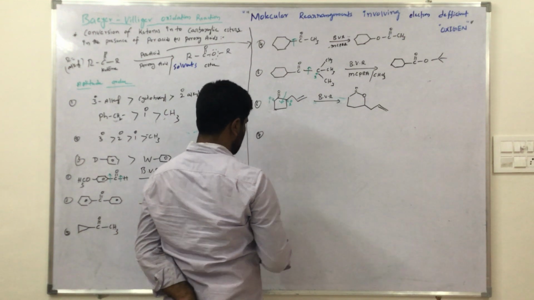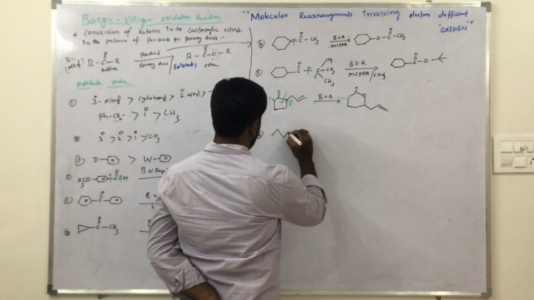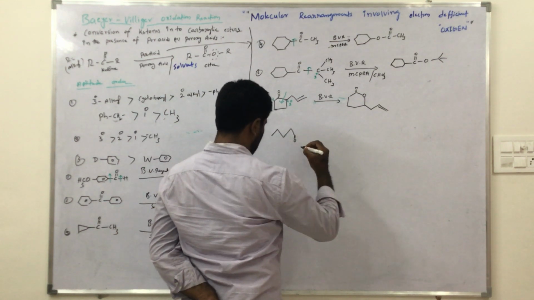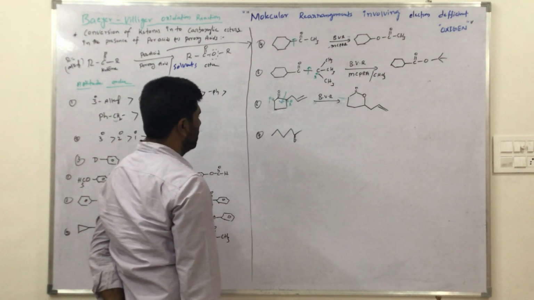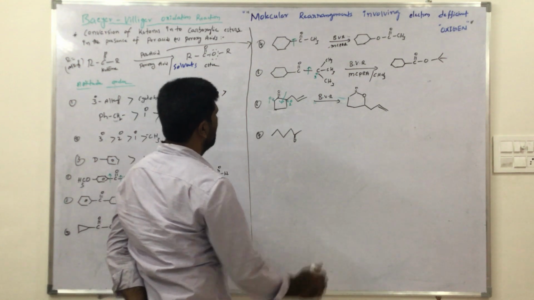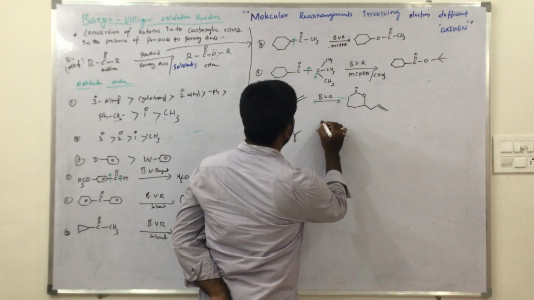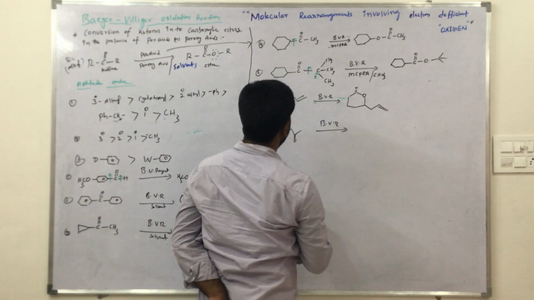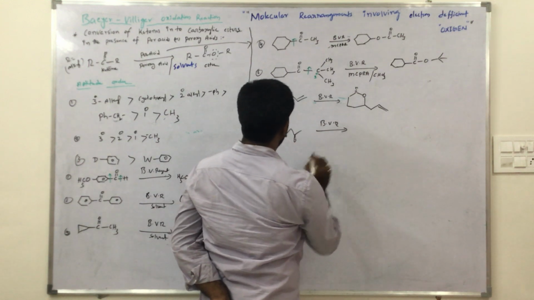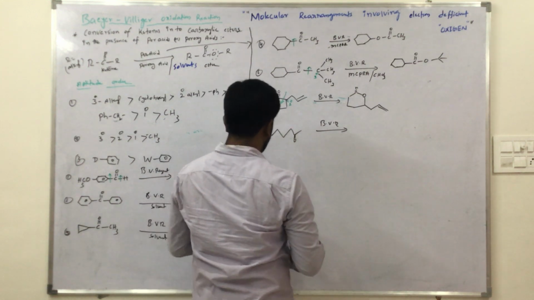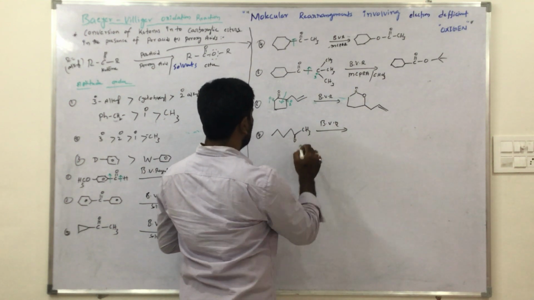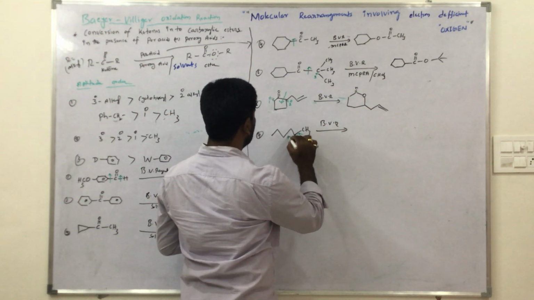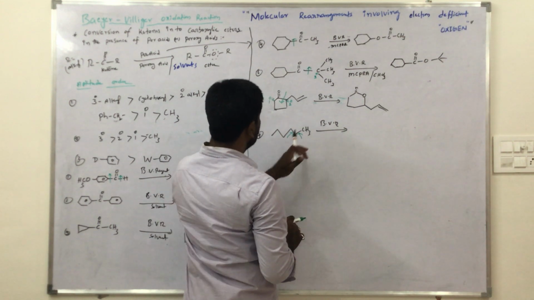Seventh one, double bond O, methyl group, Baeyer-Villiger reagent. What is the product? Just imagine this is a CH3 group. So there are two possibilities for oxygen insertion. This is primary.